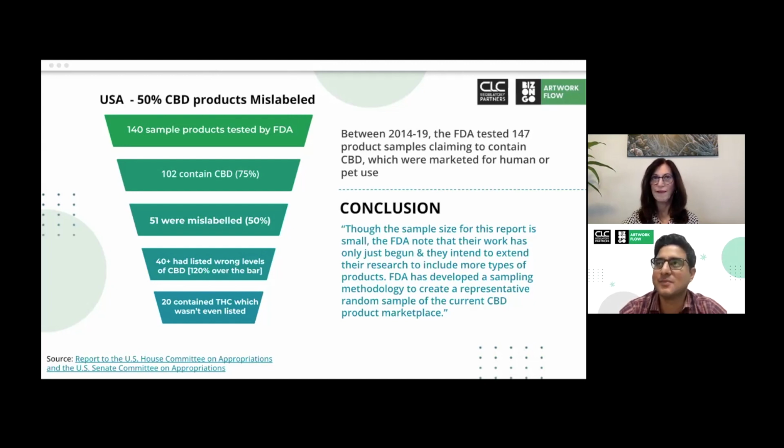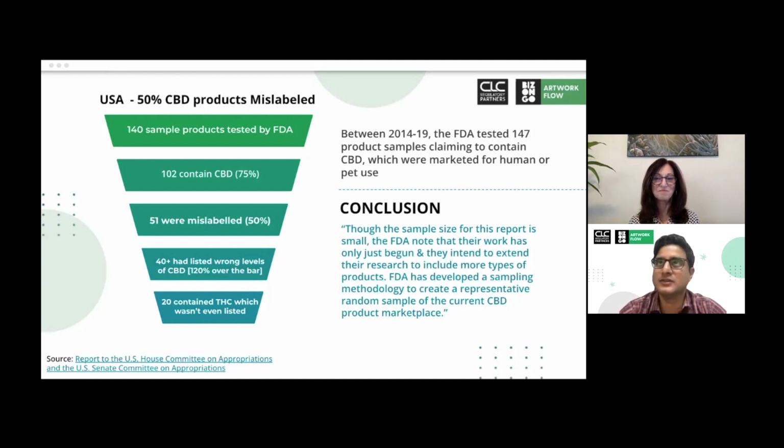So very similar results to what we would expect. 56% of the people in our audience actually had a labeling error or faced these challenges in the past. So that shows how difficult it is to make sure that you're compliant. But as we will see more in the webinar, with process you can achieve that.